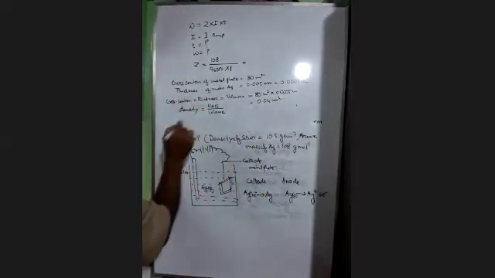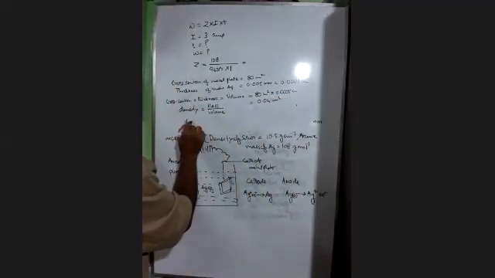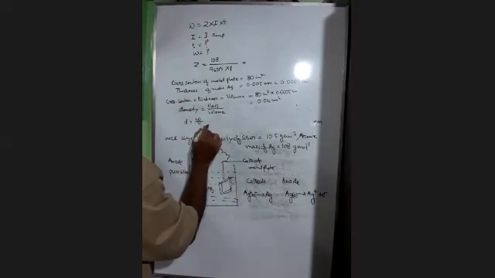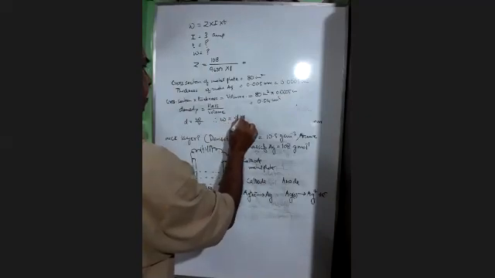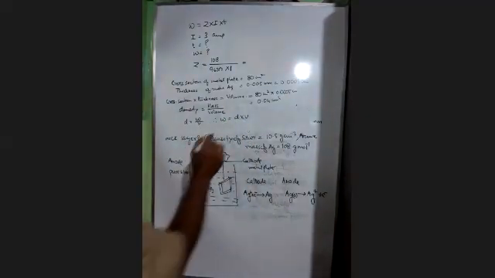Okay, now I will find the mass. Density D is equal to W by V, therefore W is equal to D into V.